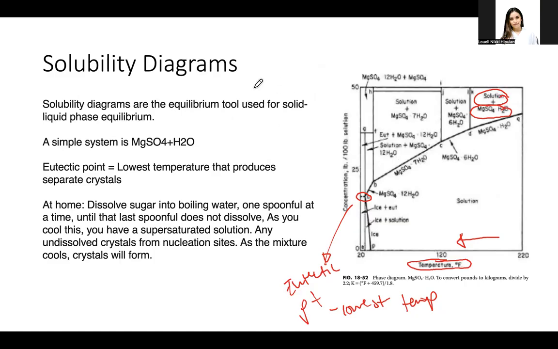Now you cool this mixture and you have what you call a supersaturated solution. So there is more sugar in there than the liquid can hold if it's at equilibrium. There are a few crystals there forming nucleation sites. As the mixture cools down, those undissolved crystals as nucleation sites will grow, and you'll have crystals that form and grow larger and larger over time.